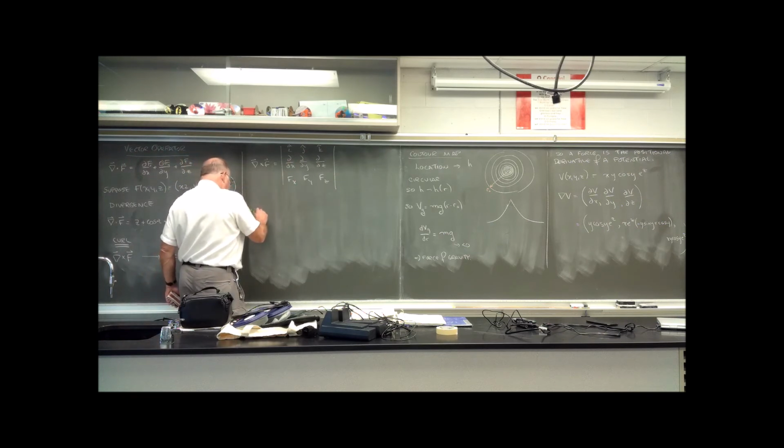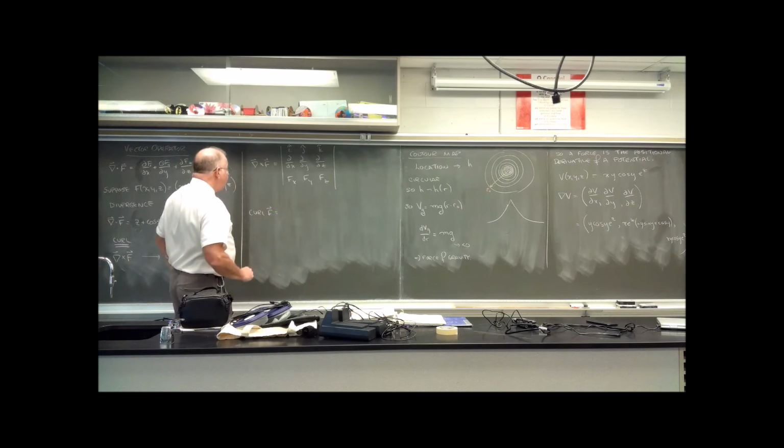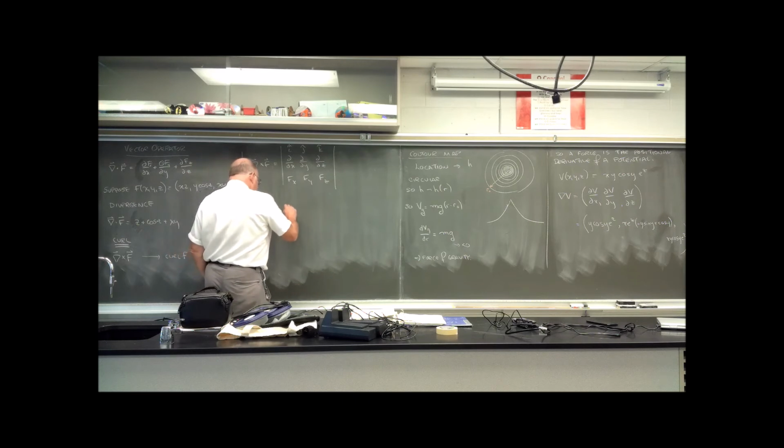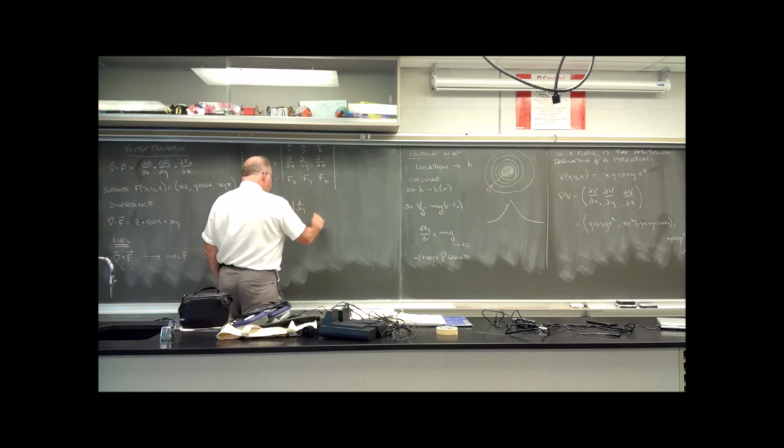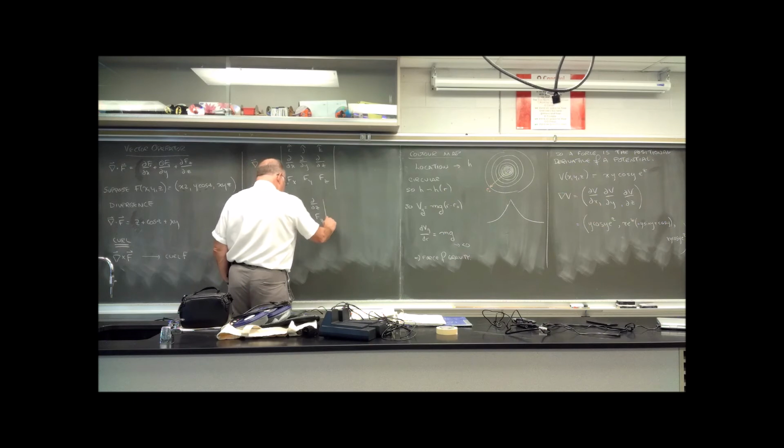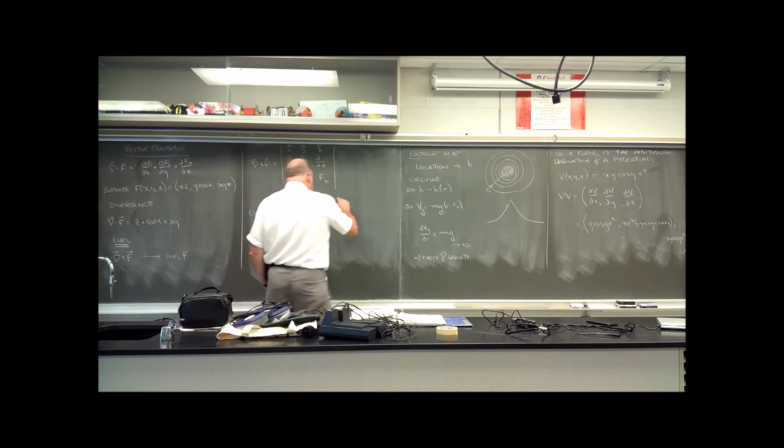So we'll have curl F is equal to, so now it's going to be i hat times the determinant of ∂/∂y, ∂/∂z, and fy, fz. Okay, minus, we always have to remember that.